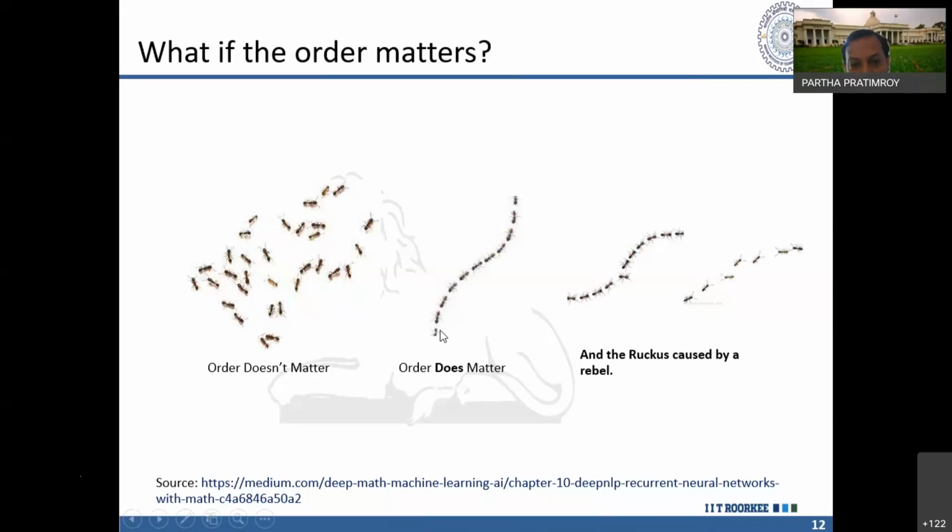But when you see that this kind of sequence is there, and something is missing, this order is very important, especially when we consider time series data.